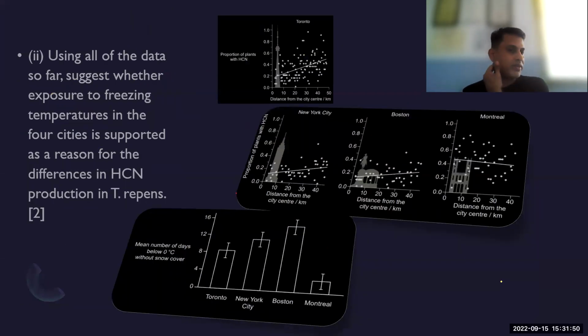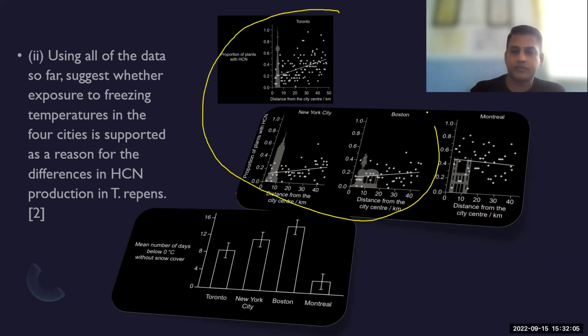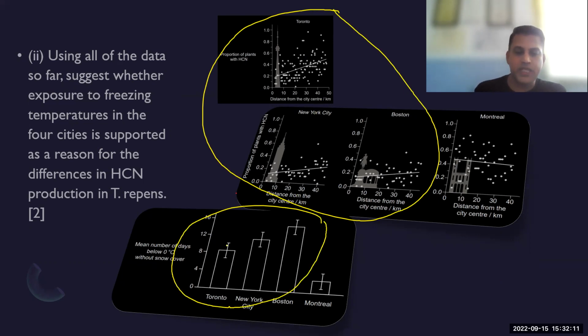Okay, using all of the data so far, does it support exposure to freezing temperature in the four cities as a reason for the difference in HCN production in chili plants? Okay, if you look at these three cities, Toronto, New York, Boston, they are cold because the mean number of days below zero without snow cover is high.